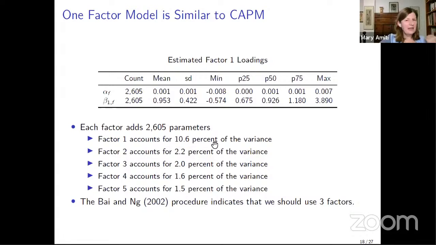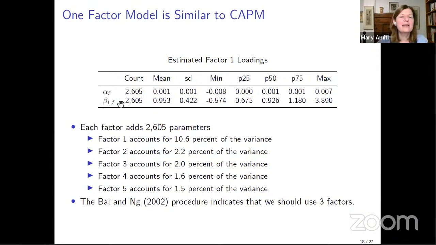The first factor accounts for most of the variance. It's 10.6% of the variance, and then as you keep adding factors, you get a lower addition. And as I said, just using the Bai and Ng approach, that indicates we should have 3 factors, but we do some robustness for that.